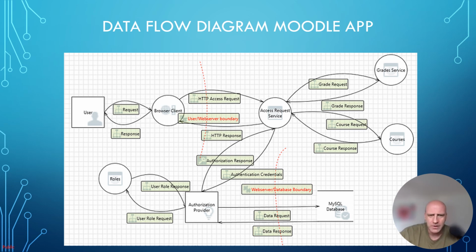Then, as you can see, the access request service has a few paths it can go to. They can go to the grade service, where we can send a grade request and get a grade response. We also have the courses service, where we can send a course request and get a course response. Then we also have an authorization provider.